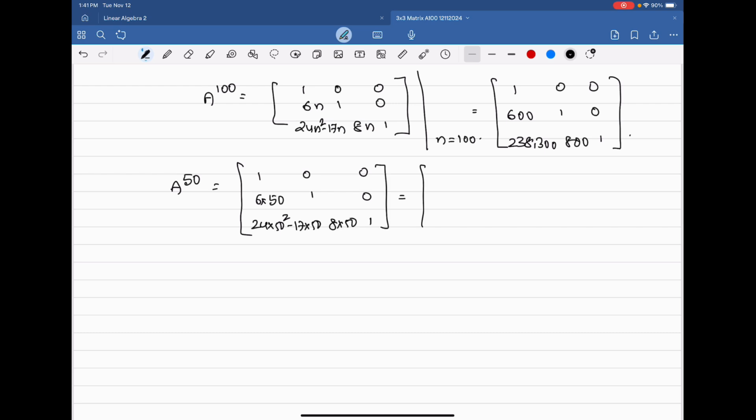That is equal to 100. 6 into 50 is equal to 300, 0. 24 into 50 square, that is 50 square is 2500. 2500 into 24 is how much? 24 into 2500, 60,000. 60,000 minus 17 into 50, 59,150. 8 into 50 is 400. This is 1. This is a to the power of 50.